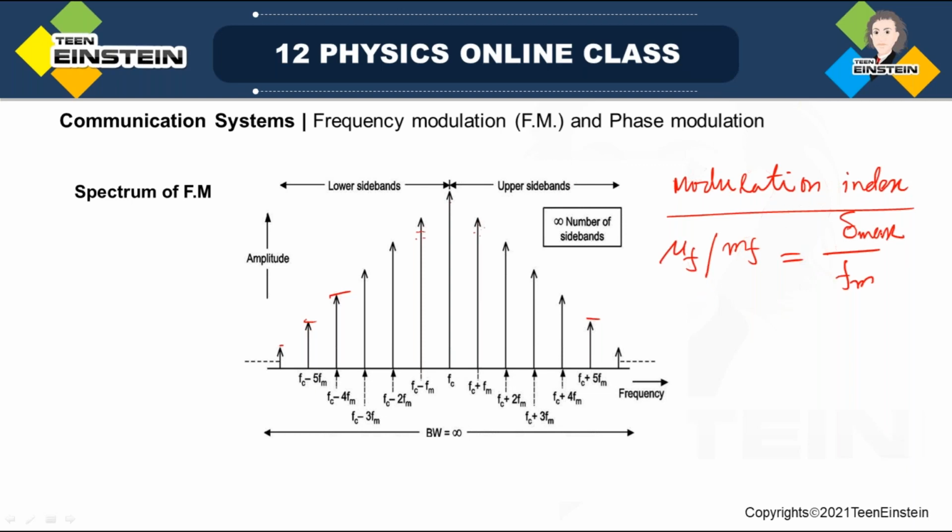If the deviation increases, then mu f increases, and then the number of side bands with significant amplitude will increase. If the modulating frequency is increased while keeping the deviation in the frequency the same, then the number of side bands with significant amplitude will be less.